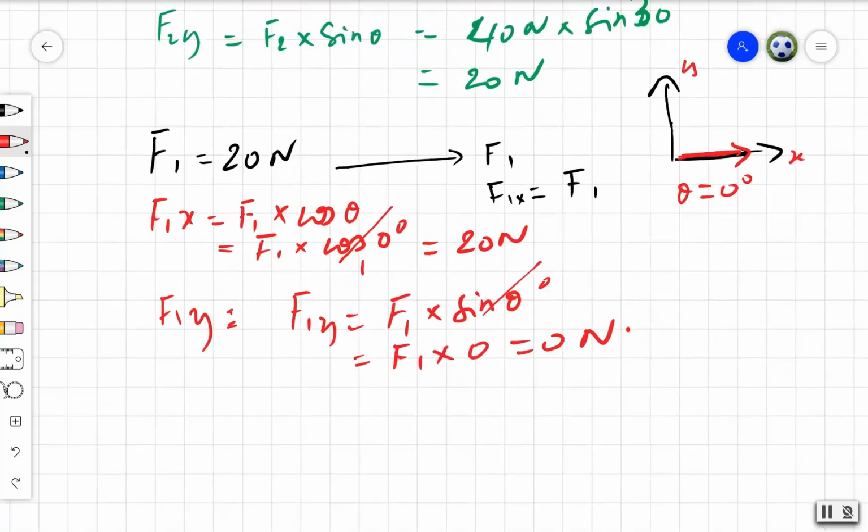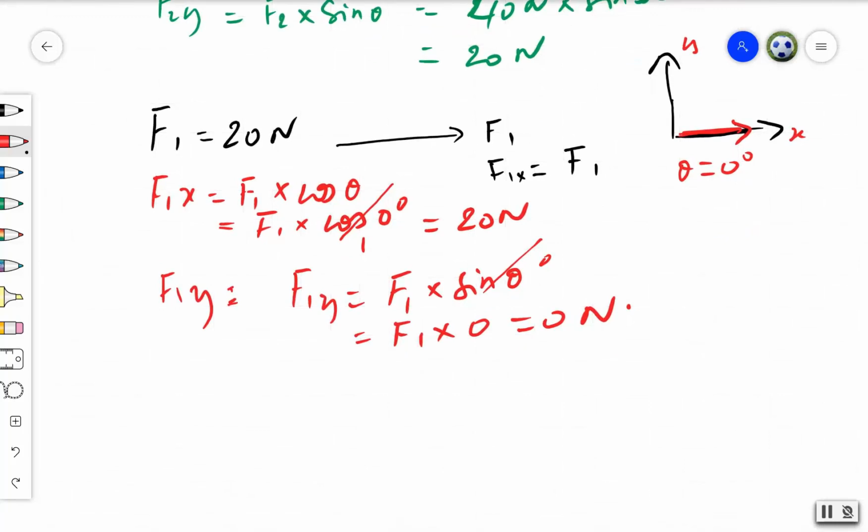So F1 has only one component on the x-axis. We don't have to do this because it's parallel, I'm just showing you here using theta.